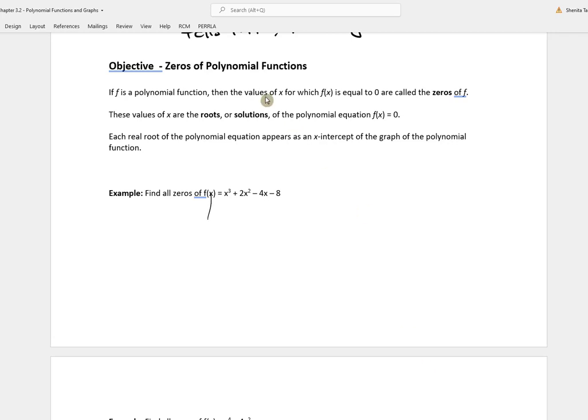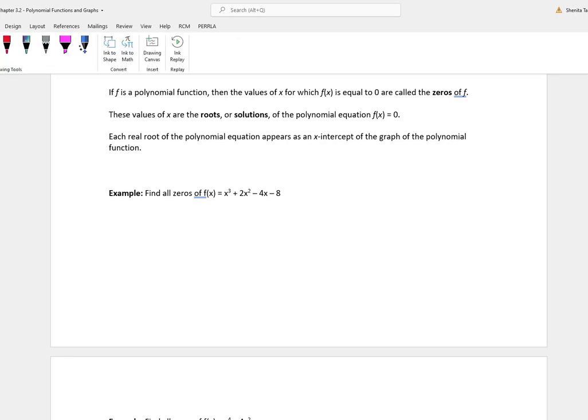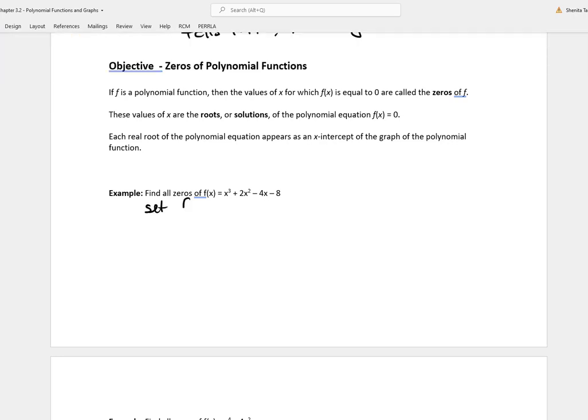So we're going to set f of x equal to 0, which basically means x cubed plus 2x squared minus 4x minus 8 is equal to 0.